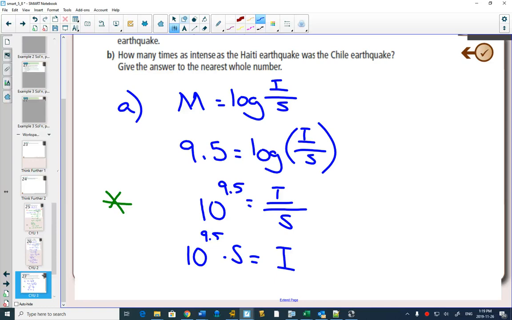If you do 10 to the 9.5 on your calculator, oh my goodness, how do you even say this number? Here it is, 3,162,277,660 times more intense. That seems like a lot.